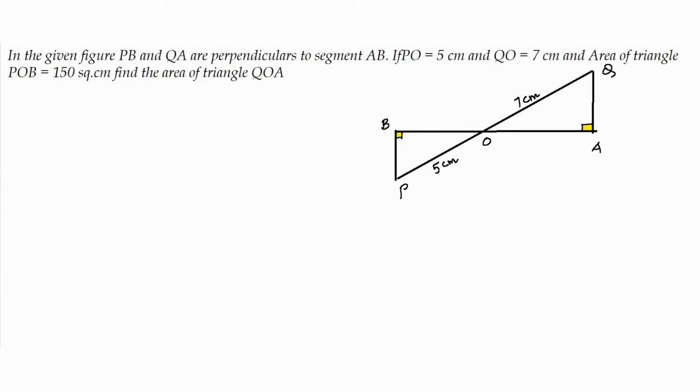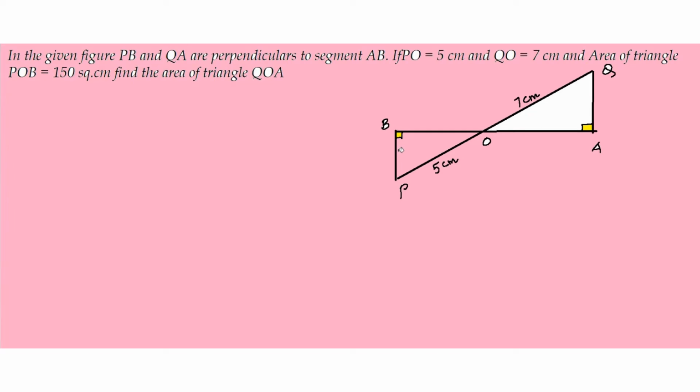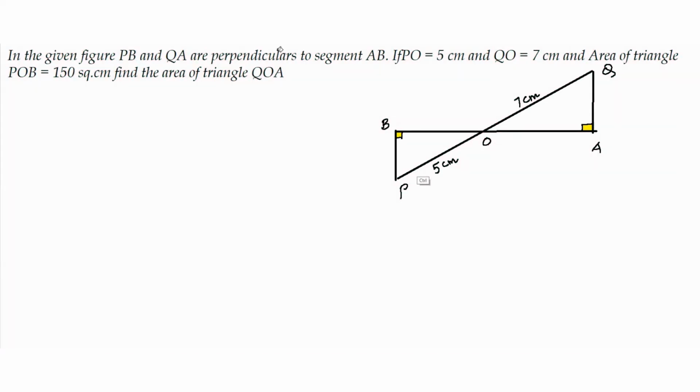And the area of triangle POB, that is this particular triangle, has an area of 150 square centimeters, right? So it's given that area of this particular triangle is 150 square centimeters.